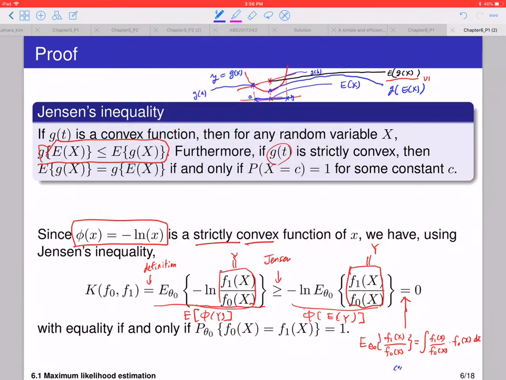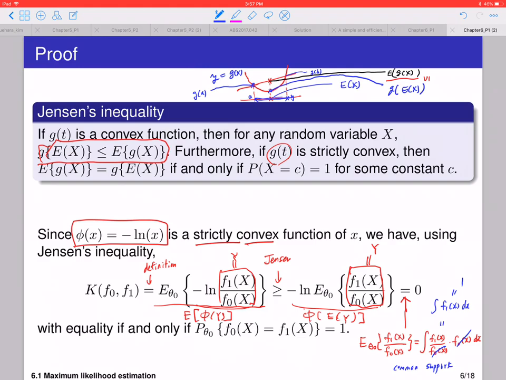If you have a common support, this is equal to the integral of f1(x) dx, which is 1 because it is a density function. Log of 1 is 0, so that's why we have 0.